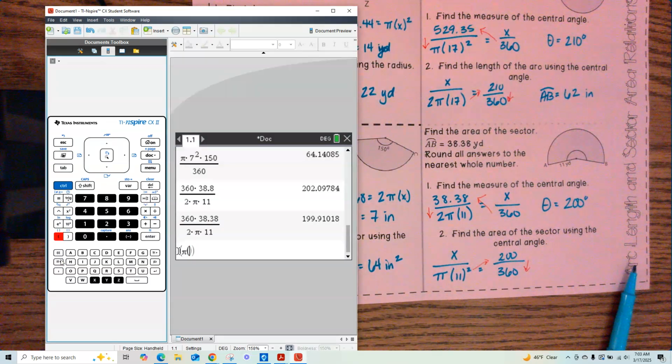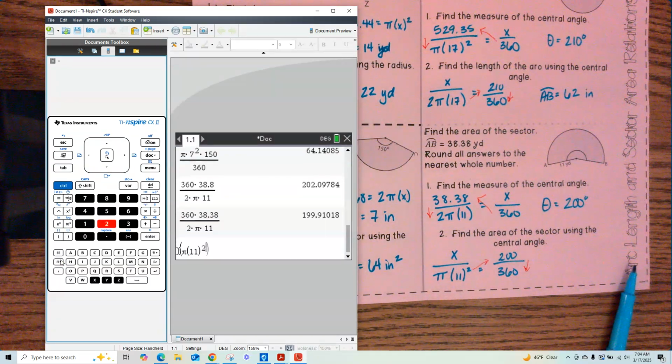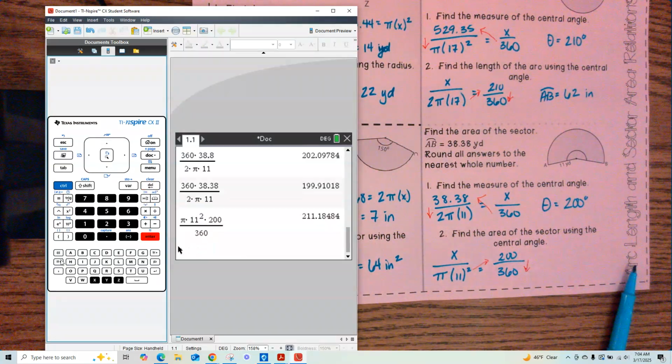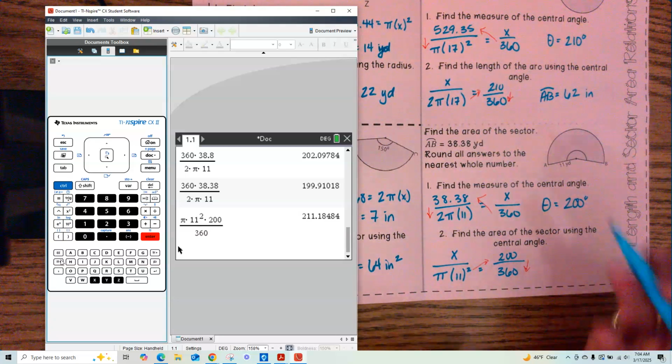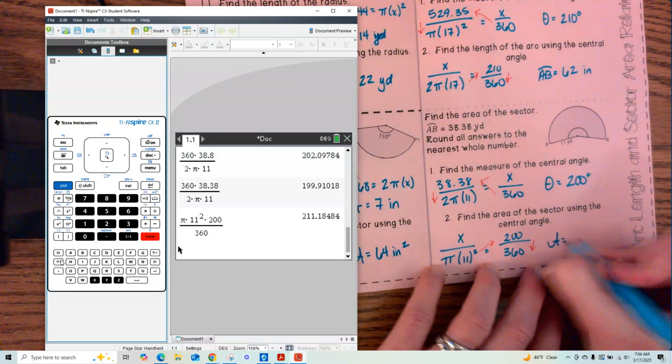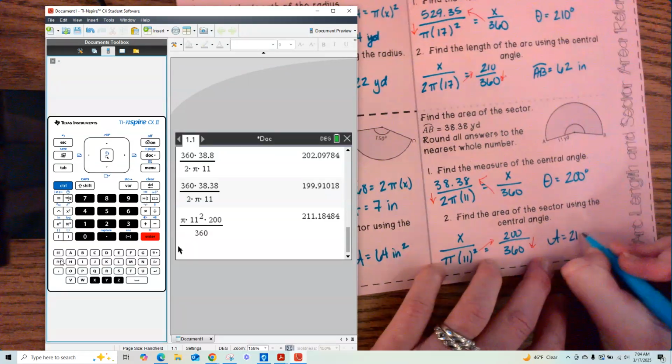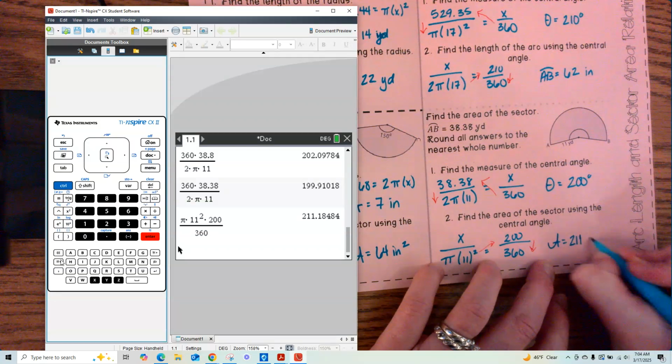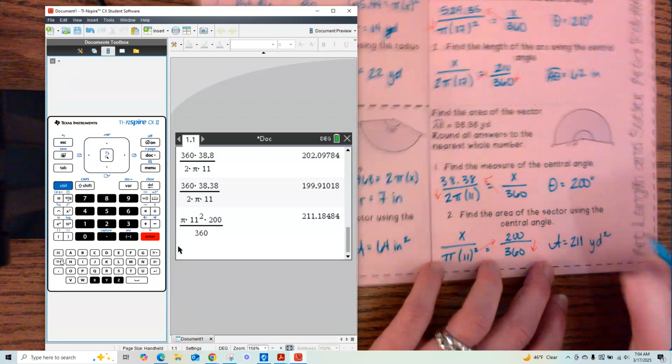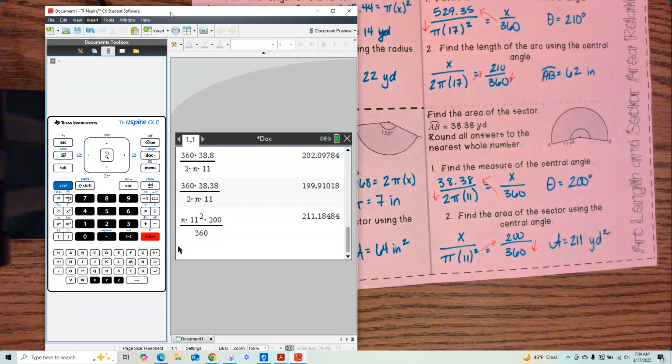So pi times 11 squared times 200, sorry, divided by 360. And the area of this sector is 211. This is yards squared. So that's it for this set of notes.